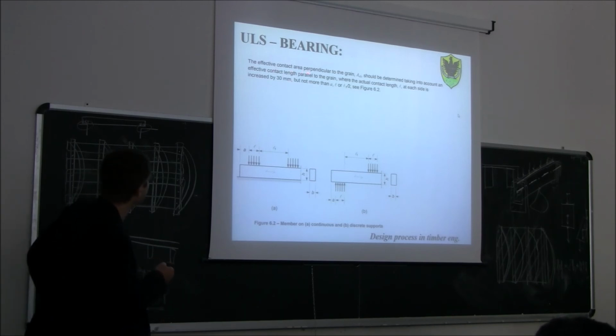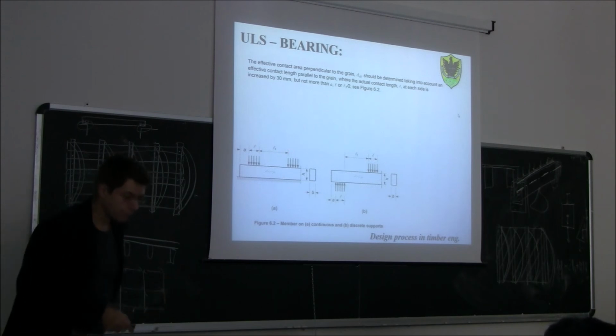And this should be calculated according to this regulation here. The effective contact area perpendicular to the grain should be determined taking into account an effective contact length parallel to the grain. So the effective contact length parallel to the grain in this direction, where the actual contact length L, so this one here, for example, at each side is increased by 30 millimeters, but not more than A, L, or L1 divided by 2.